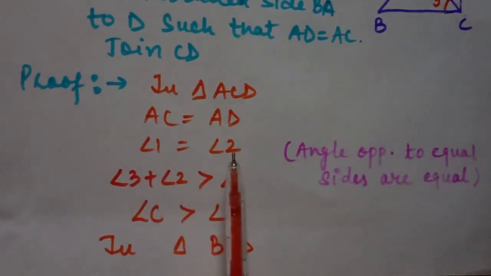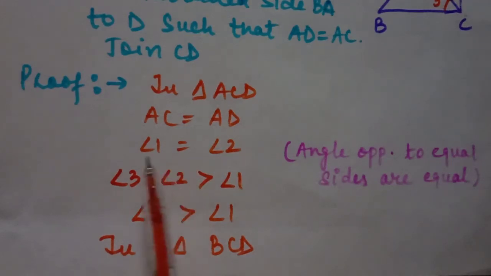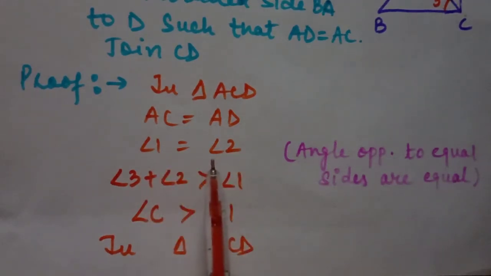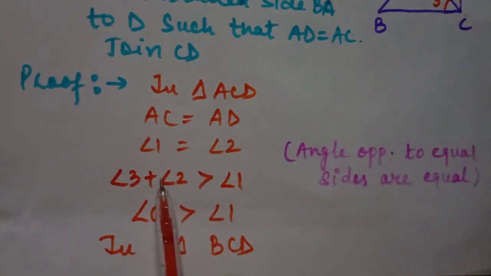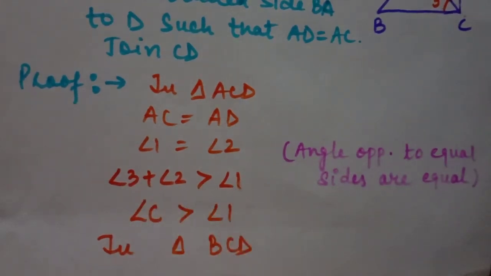If we add the same thing on both sides, then this sign is possible, because we are adding or subtracting the same thing from two equal things. But now we are adding a thing on one side only. So definitely angle 3 plus angle 2 is greater than angle 1. Now 3 plus 2 means angle C. Angle C is greater than angle 1.